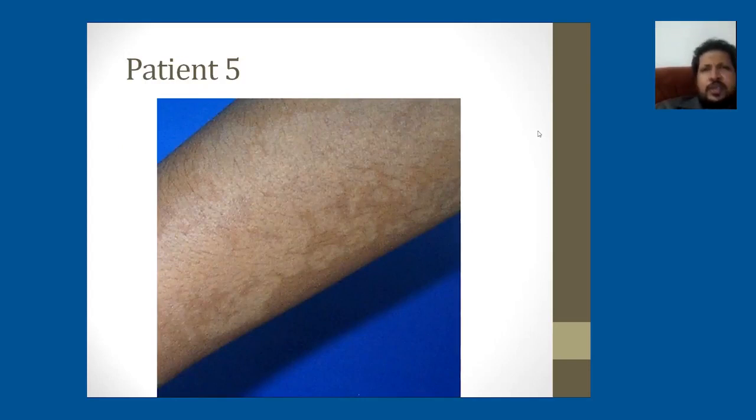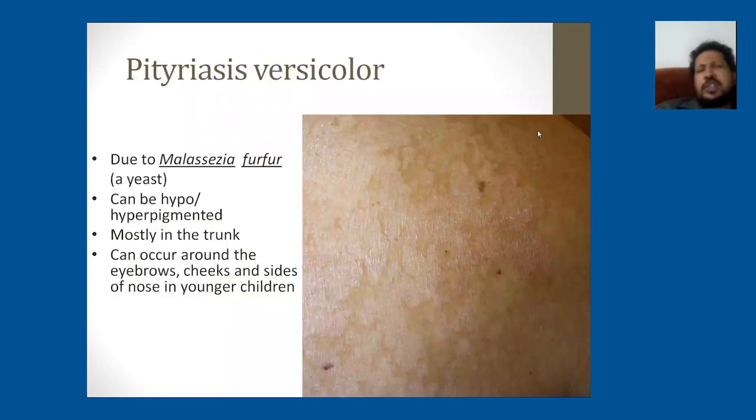It may look simple, but sometimes it can be quite tricky to distinguish. It is due to a yeast called Malassezia furfur. It can be hypo or hyperpigmented, and especially it can occur in peripubertal age due to the sebum. You can have it involving the eyebrows and the nasolabial folds as well as the cheeks.